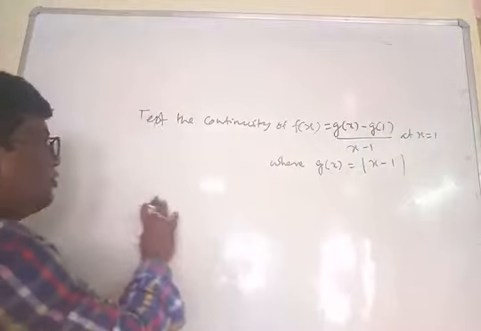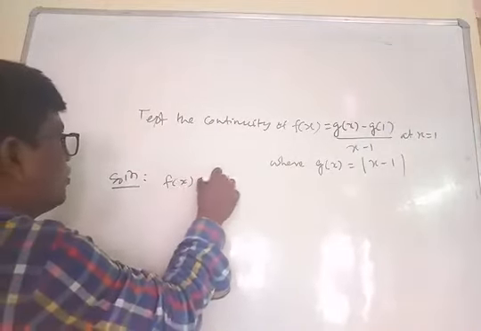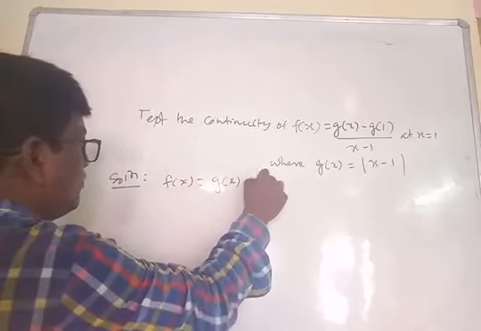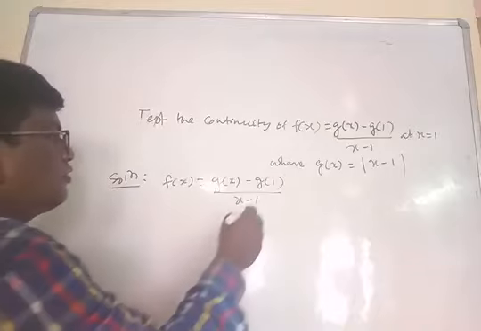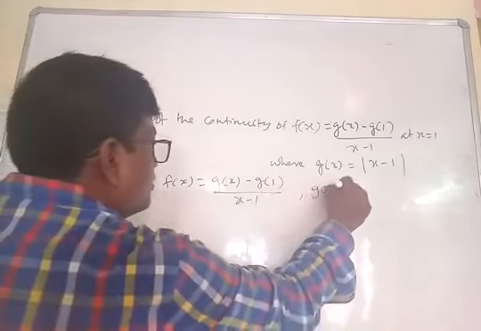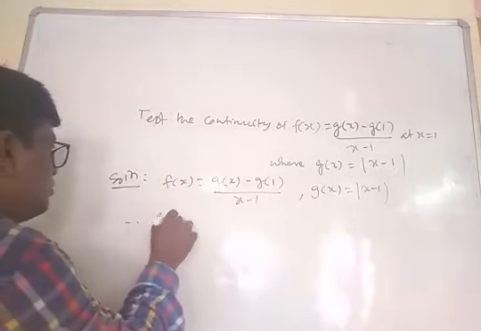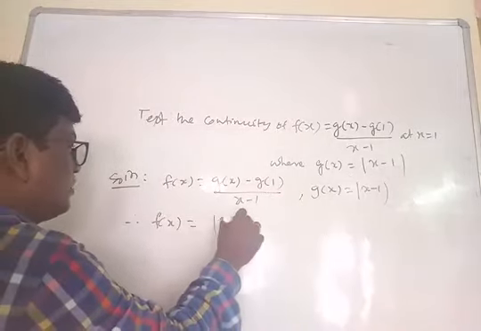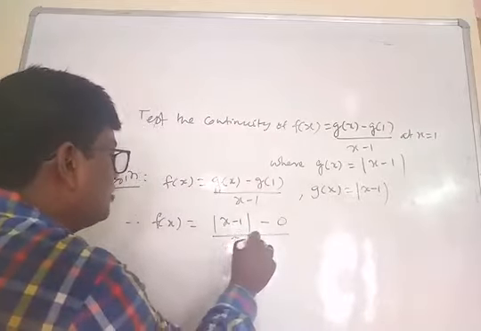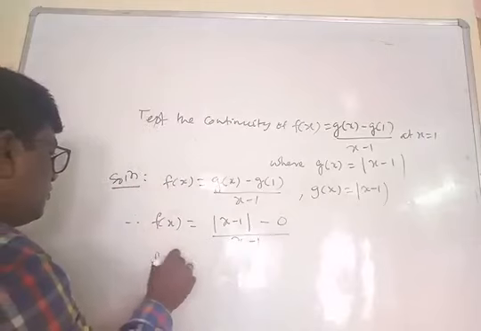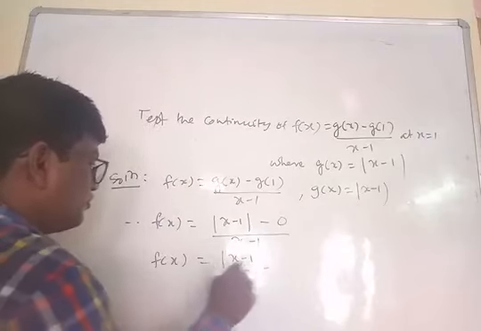Solution: f of x is equal to g of x minus g of 1 divided by x minus 1. Here g of x is equal to mod of x minus 1. Therefore f of x is equal to mod of x minus 1 minus g of 1, which is 0, divided by x minus 1. That is, f of x is equal to mod of x minus 1 divided by x minus 1.